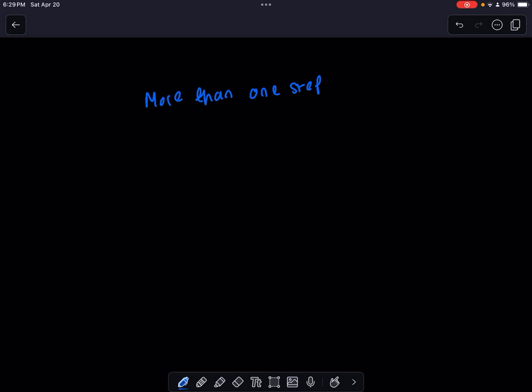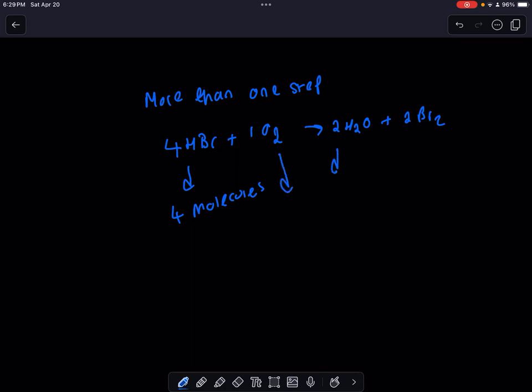For example, let's have a look at this reaction. We have 4 molecules of this reacting with 1 molecule of oxygen. So 1 molecule of oxygen with 4 molecules of HBr.